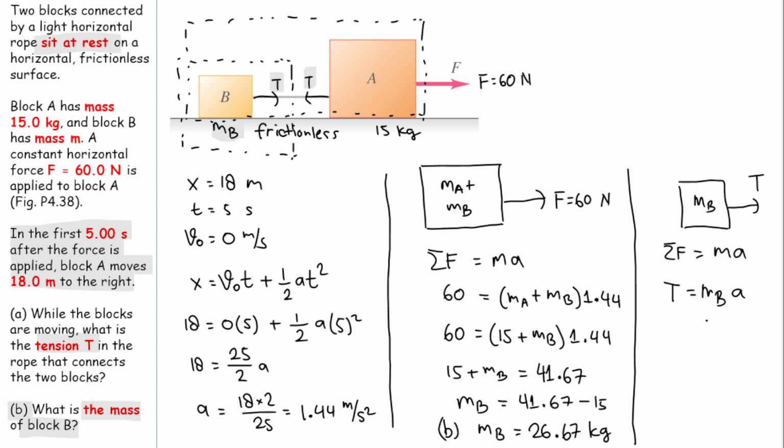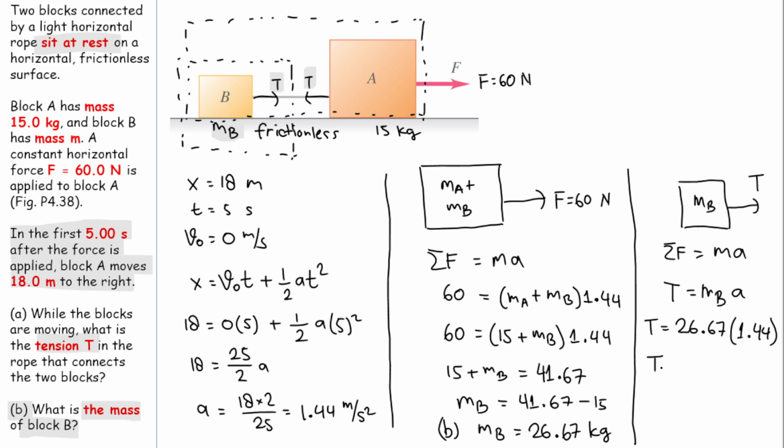But I want to put the numerical values later, right? So we have our T equal to the mass of B, which is 26.67, and then the acceleration is 1.44.